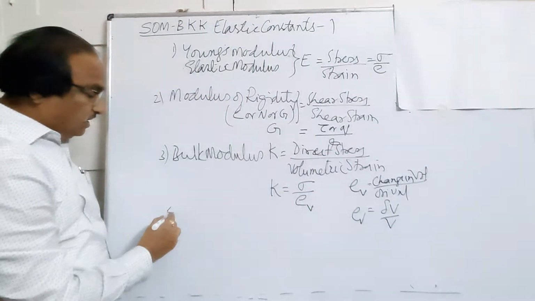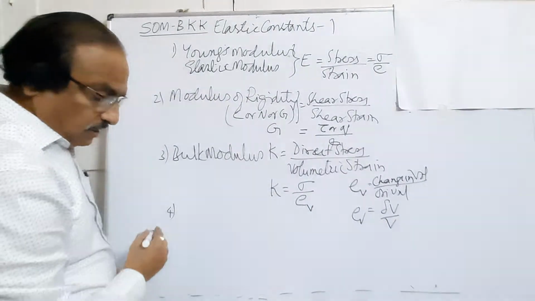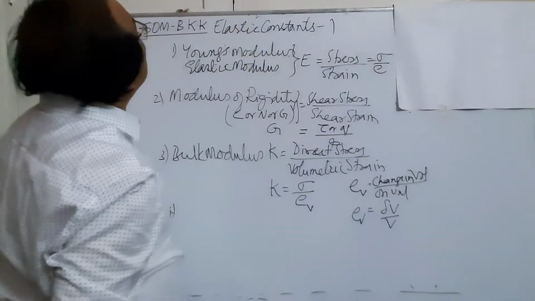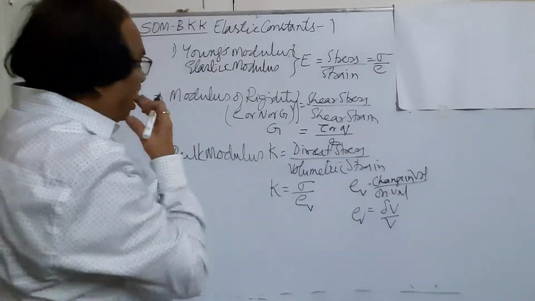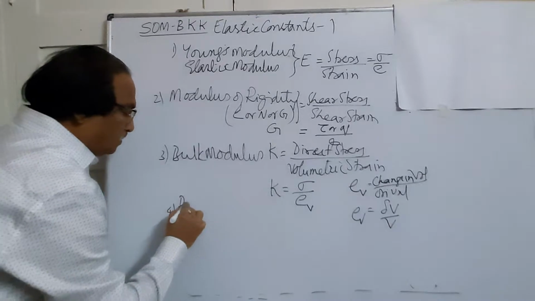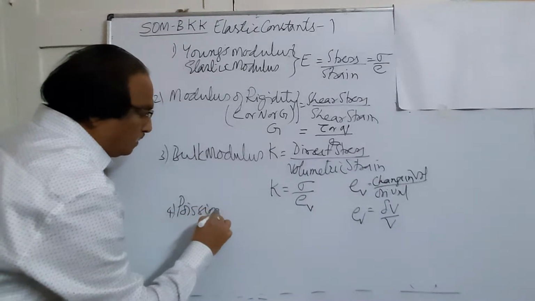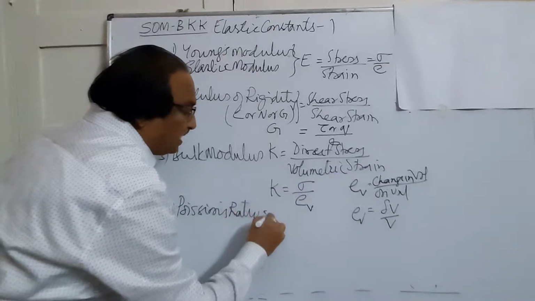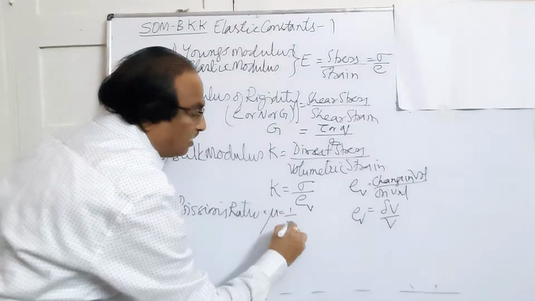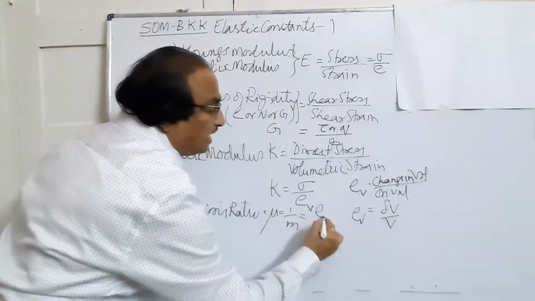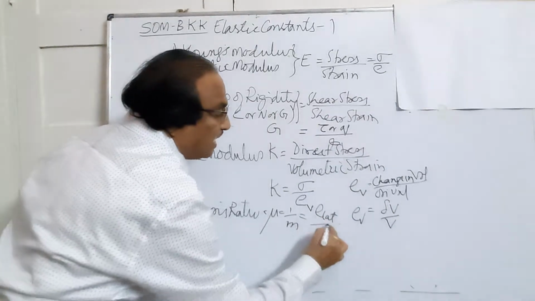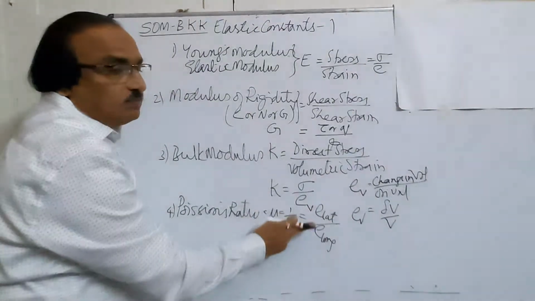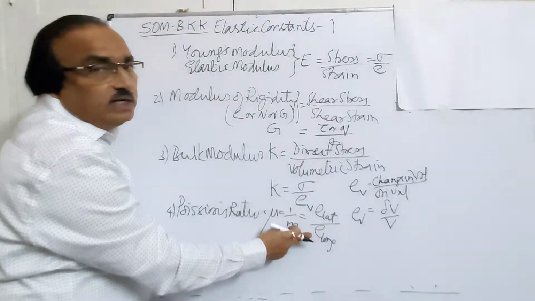We also see the other factor, which we call Poisson's ratio. We abbreviate it as mu, or we write it as 1 by m. We have already seen it is epsilon lateral by epsilon longitudinal or linear. Lateral strain by longitudinal or linear strain.